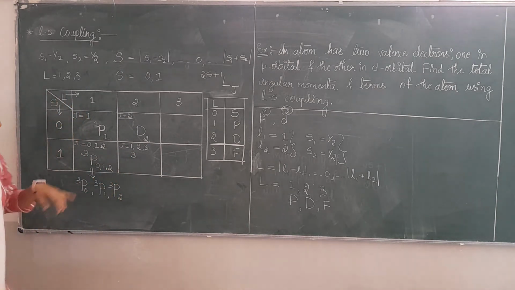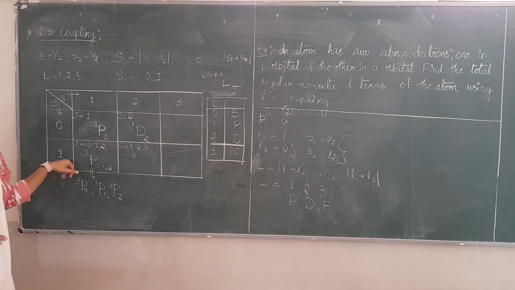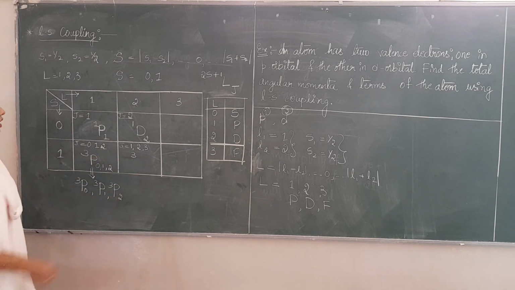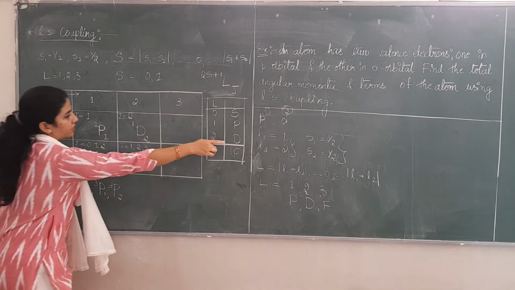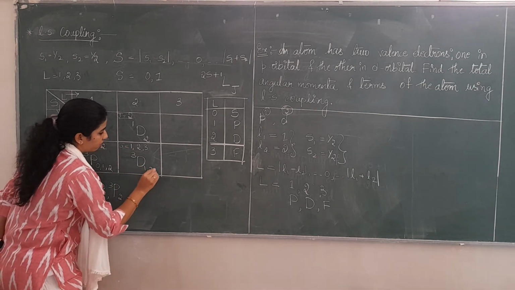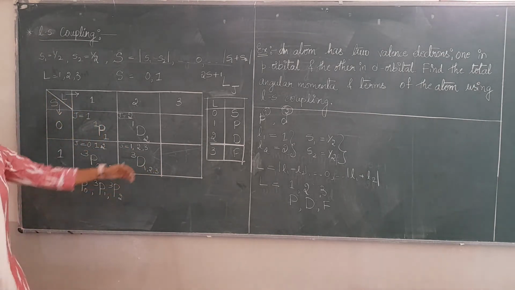How can we say that in another way? Here the s value is 1. 2s plus 1, 2 into 1 plus 1, 2 plus 1 is 3. Right? Now L is 2, so the atomic state will be D and we have to write the term values. Sorry, J values 1, 2 and 3.